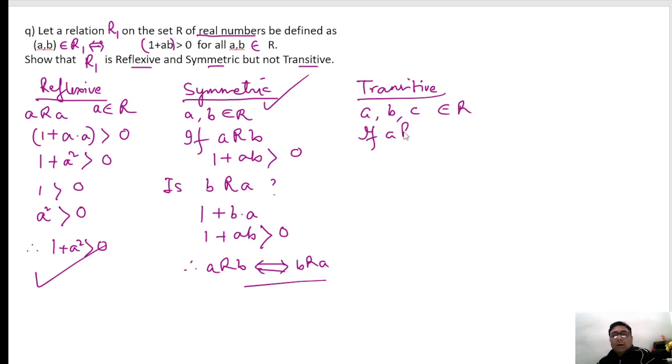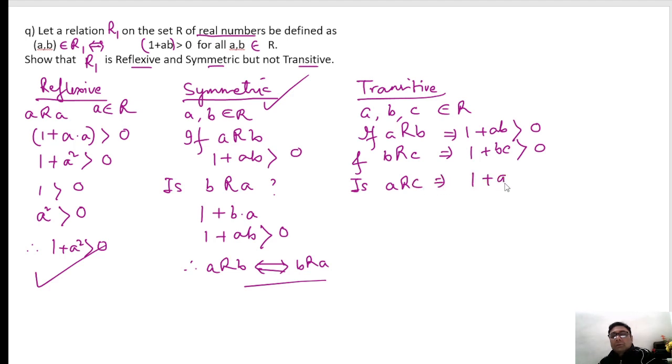If A R B, how will we write this? 1 plus AB greater than 0, and B R C, how will we write this? 1 plus BC greater than 0. Is A R C, meaning 1 plus AC greater than 0? Let's check.